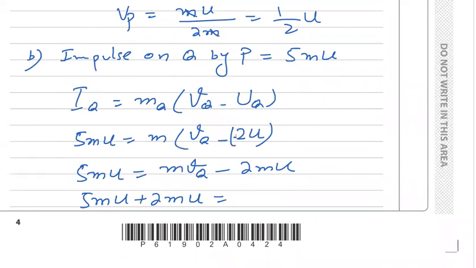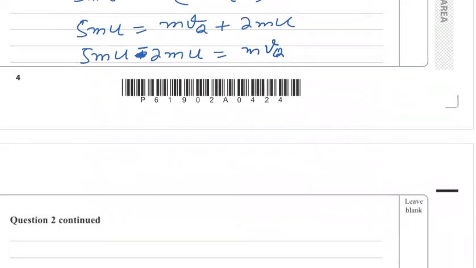So it will be negative 2u, because it is in the opposite direction to the direction of P. That is why I will take it as negative 2u. So it will become plus 2mu, and here we will write minus 2u. So this will be minus 2mu equals m Vq.